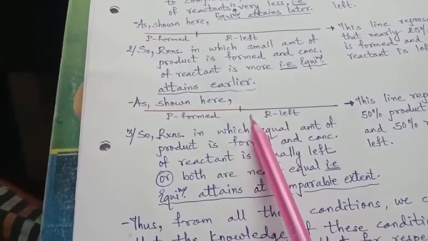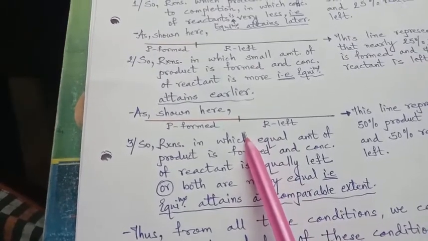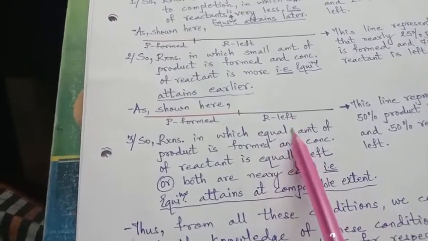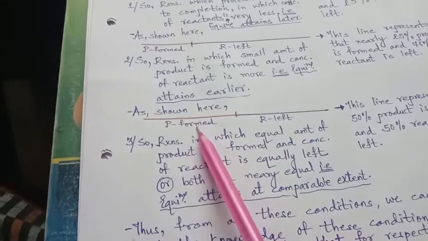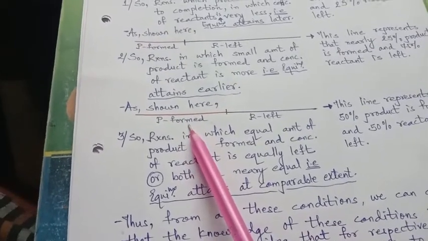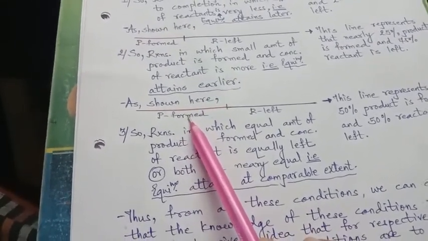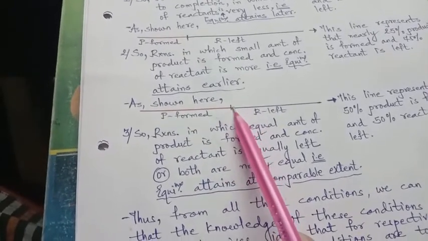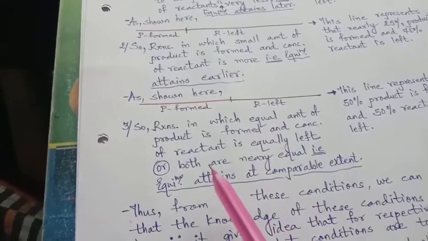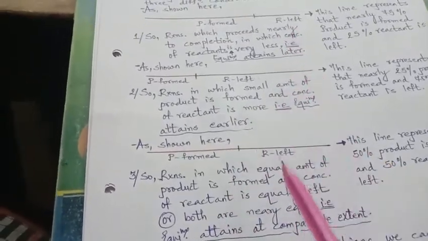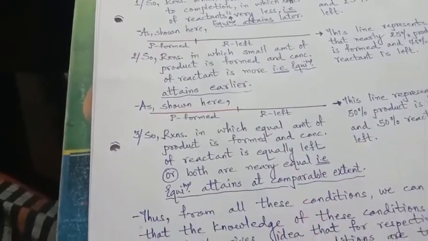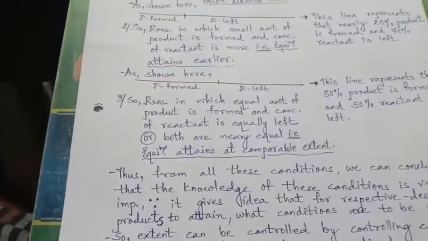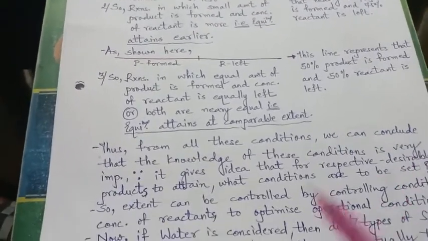Comparable extent means an equal amount of the reacting molecules is converting to product molecules, and equilibrium is attained at exactly comparable conditions. So these are the conditions which give us an idea about how the reaction is to be carried out.